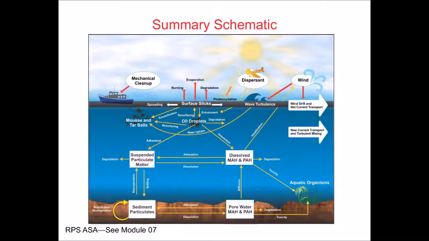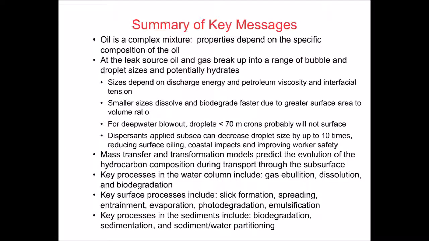In deepwater blowouts, if you can get droplets smaller than 100 microns, they will mostly stay suspended in the water column and biodegrade and dissolve before they reach the free surface. Larger droplets are going to reach the free surface and have fate processes at the surface. If they surface close enough together, they'll form slicks.